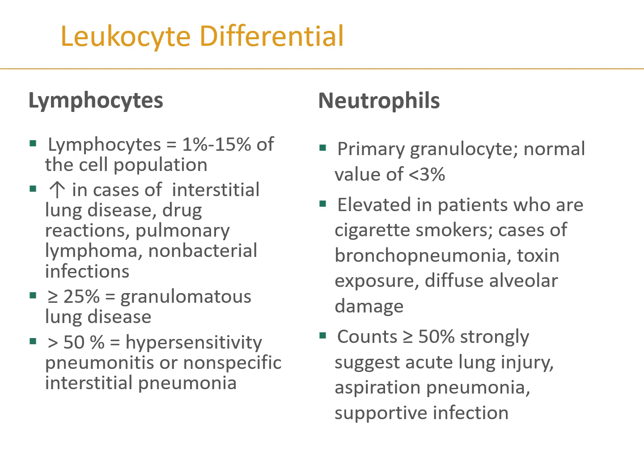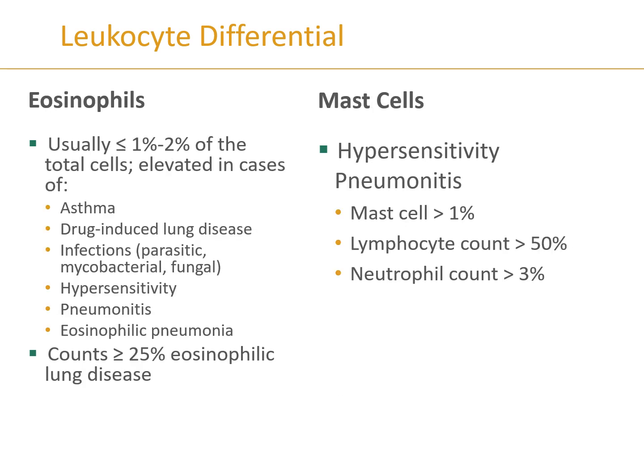So again, a lot of times if you see neutrophils in a high count in anything, it's going to indicate some sort of infection. With your eosinophils, these are usually going to be less than 1 to 2% of the total cells that are going to be counted. So out of your 100% count, less than 1 to 2% of those will actually be your eosinophils.